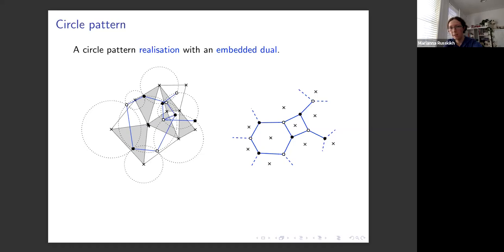And now, if we have an embedding of the dual, I can associate each face to the corresponding vertex. So for example, if we think about this black vertex, then it corresponds to this black point on the circle pattern realization and also to this black face for the embedding of the dual graph.